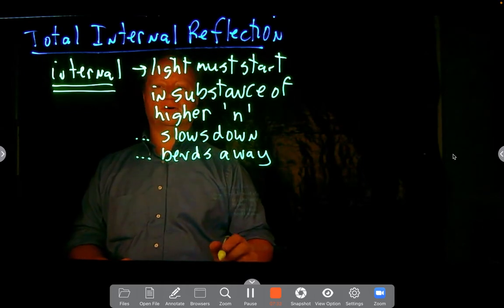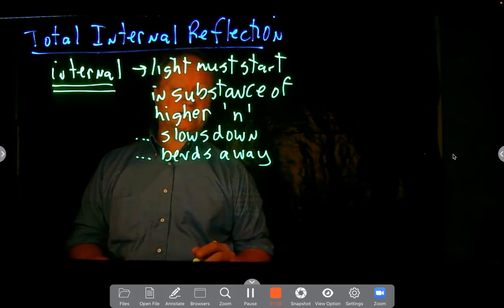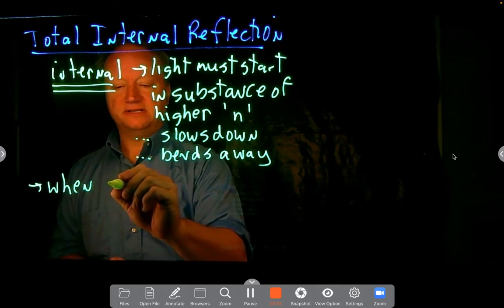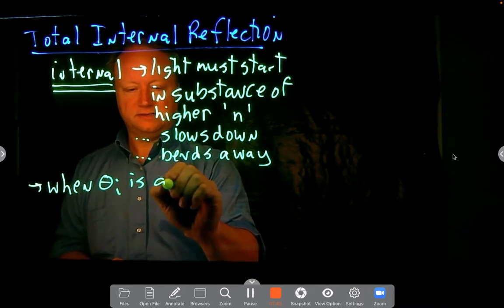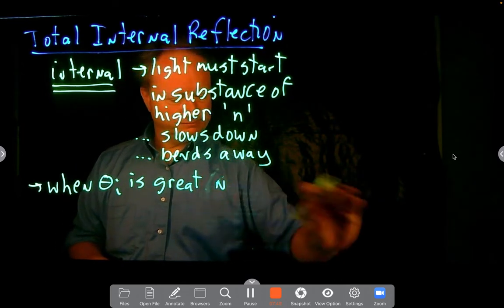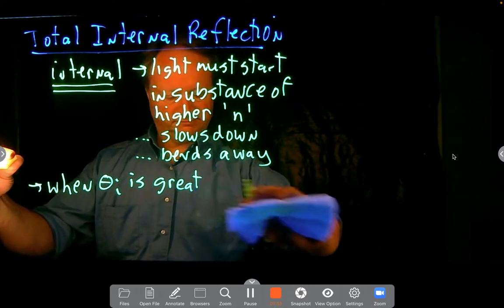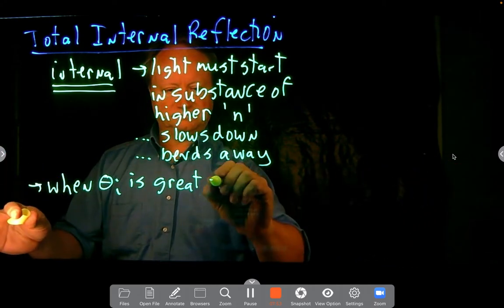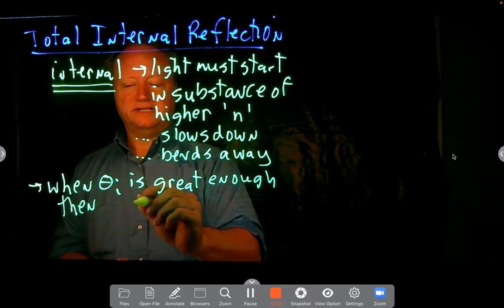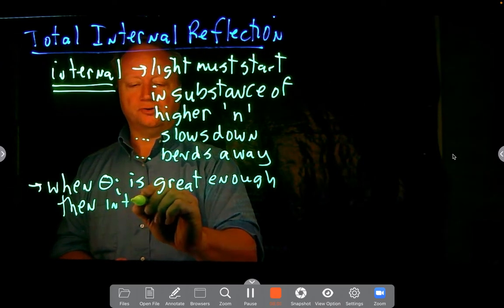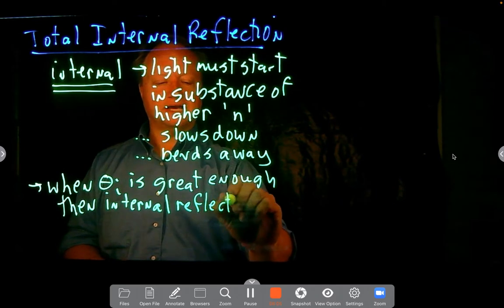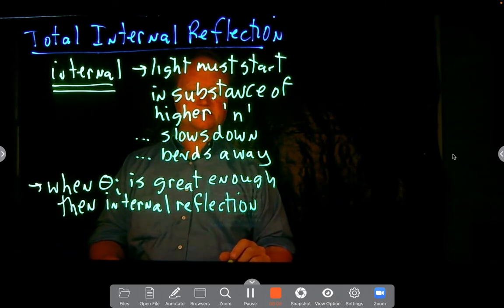So then what occurs when you're at a great enough angle of incidence, which we're going to define, is an internal reflection, meaning that the light never leaves the substance that it starts in.